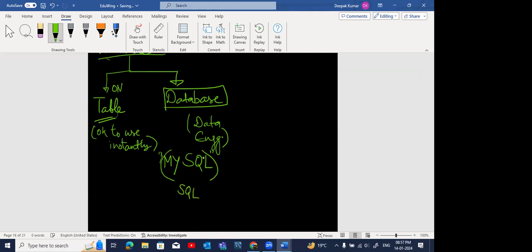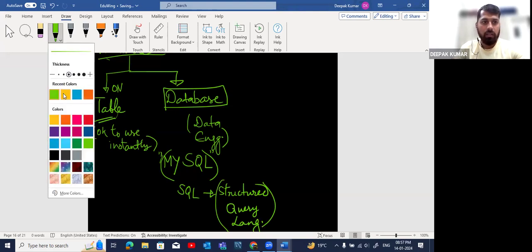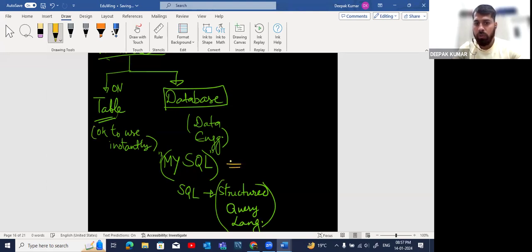SQL stands for structured query language. It is like talking to the database. With SQL, we call it talking to the database. If you want to query, if you want to fetch something from the database which is actually stored, we must know how to ask via SQL so that it gives you the answer.